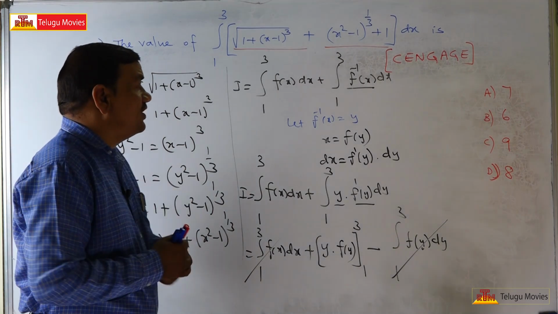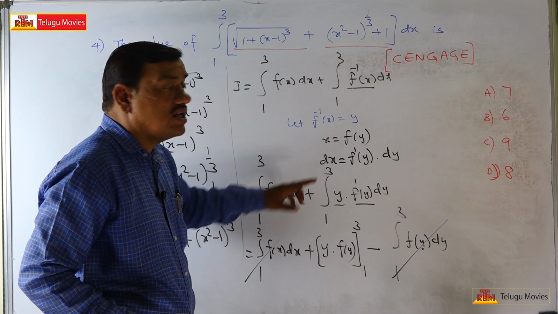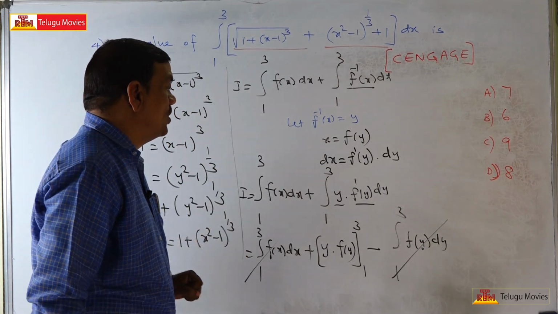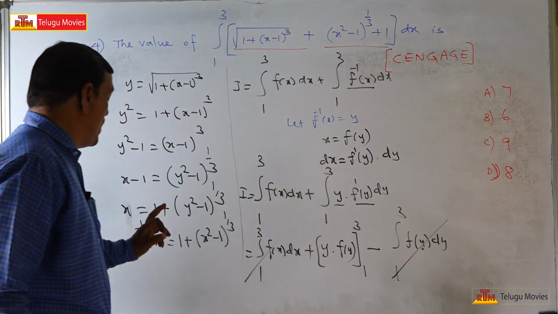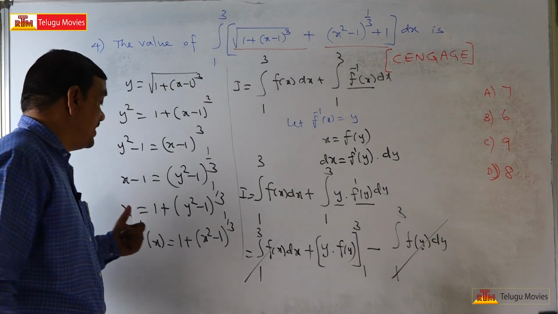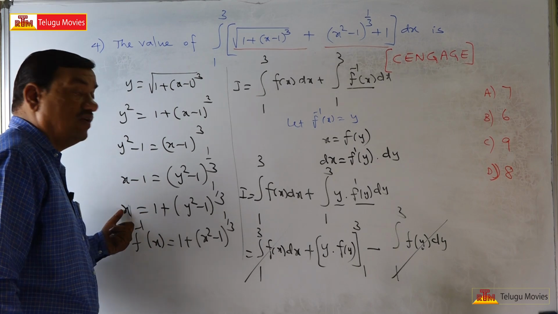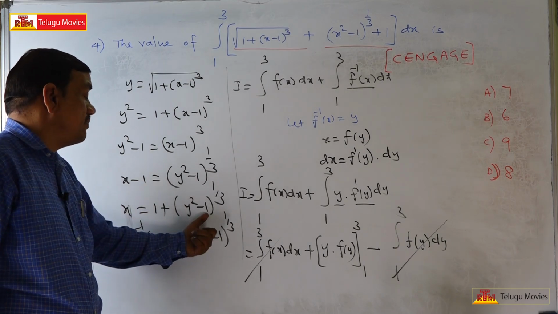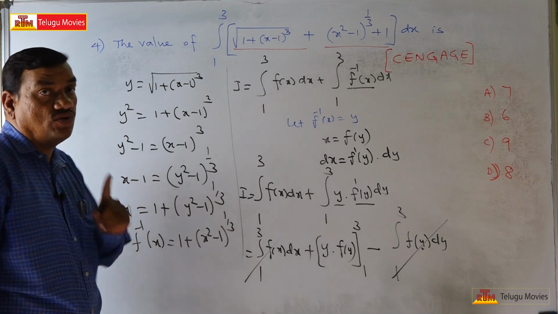And one more thing is, when you are substituting, the limits also you have to verify. If you substitute x is equal to 1, the y value is also 1. Substitute x is equal to 1 here, 1 minus 1 is 0, so y square minus 1 whole power 1 by 3 means y is also 1.